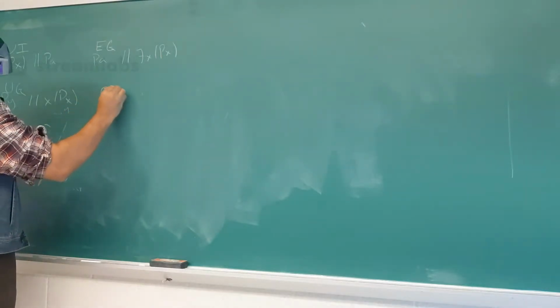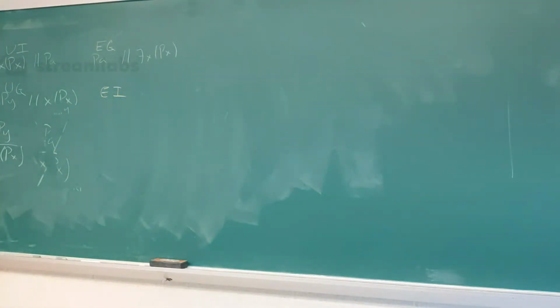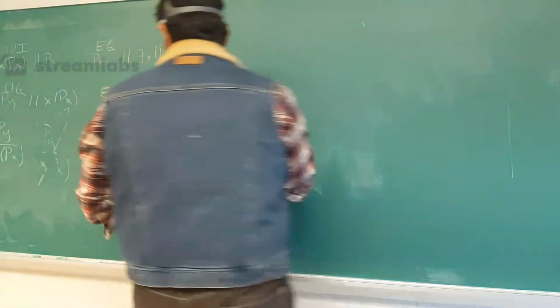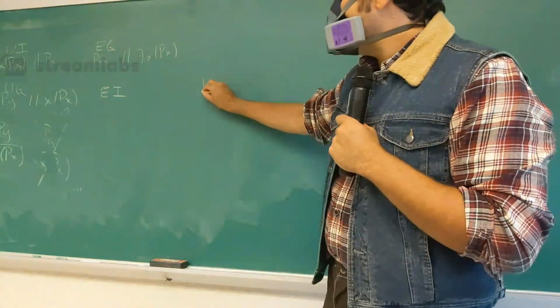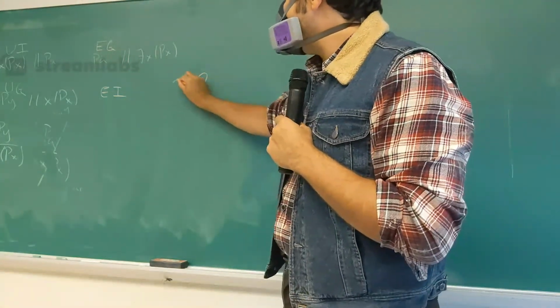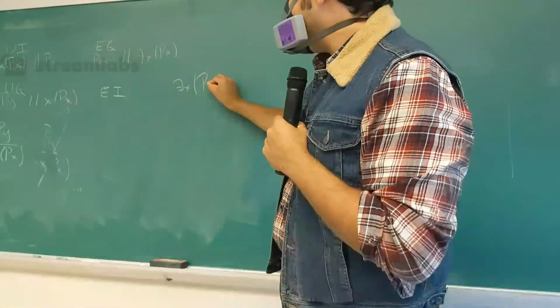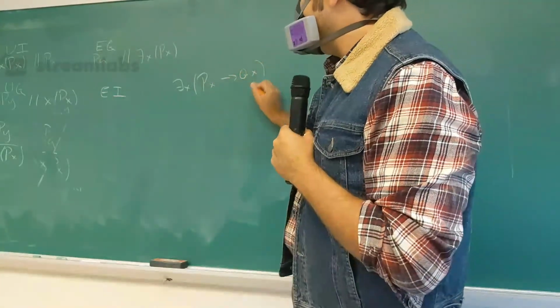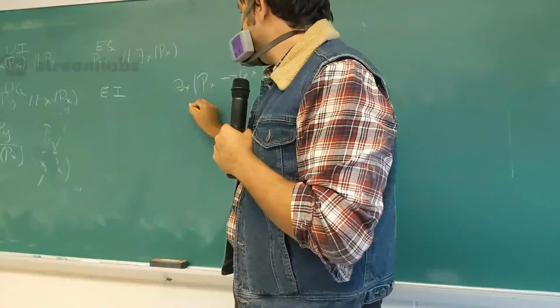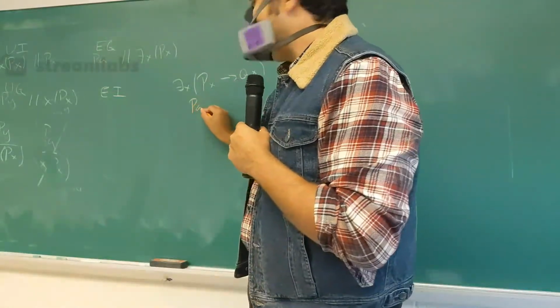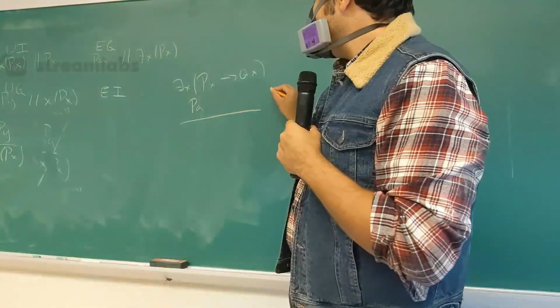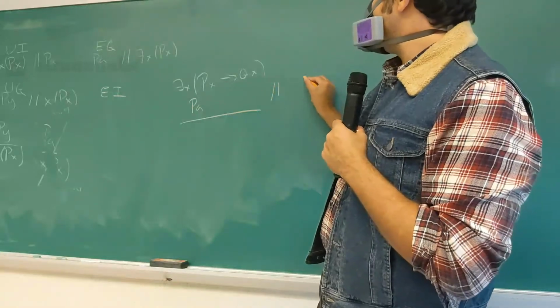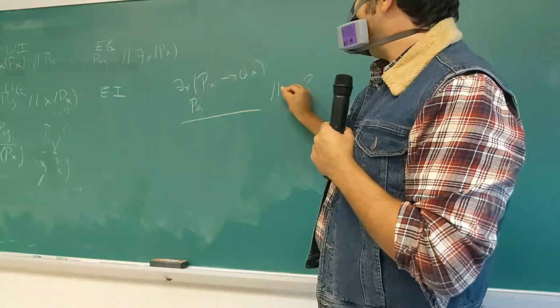Here's where it gets tricky. Existential instantiation. Let's say I have this: there exists an X such that if X is P, then X is Q. A is P. Am I able to conclude that A is Q?